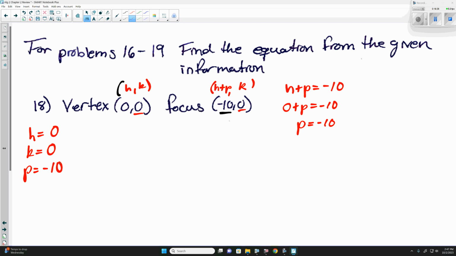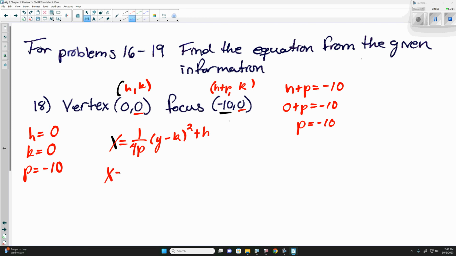No, x equals, sorry. So I would match up our focus, h plus p comma k, goes with x equals. Because if we're going from vertex to focus and the x value changes, we're x equals. If the y value changes, it's y equals.